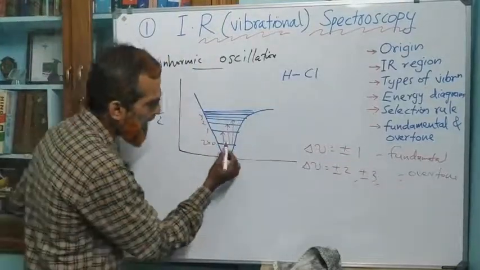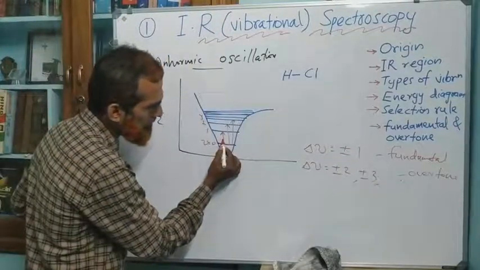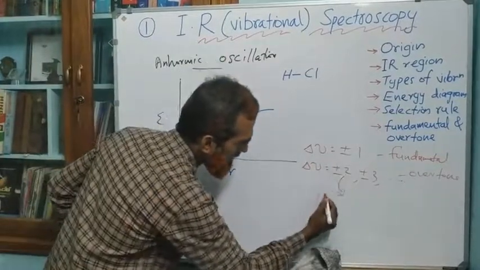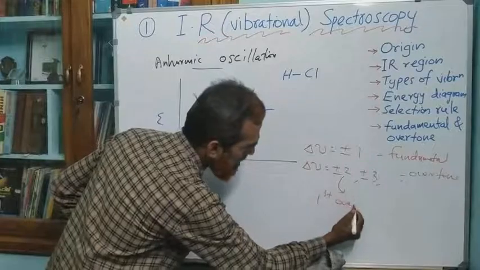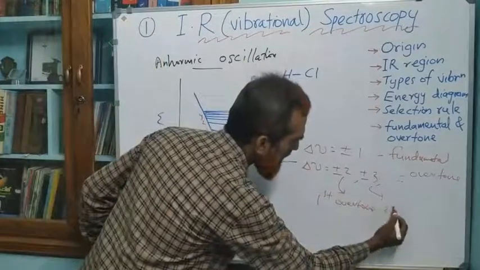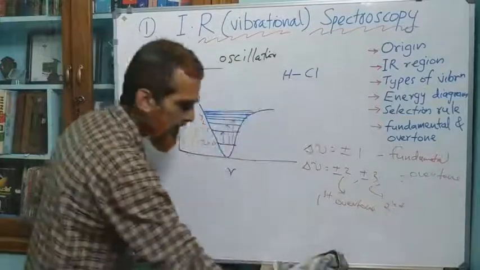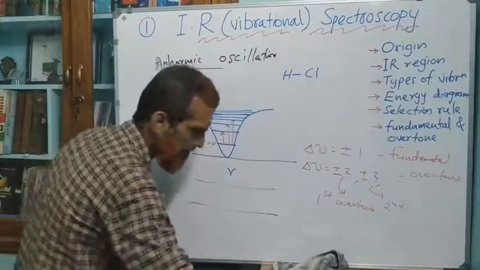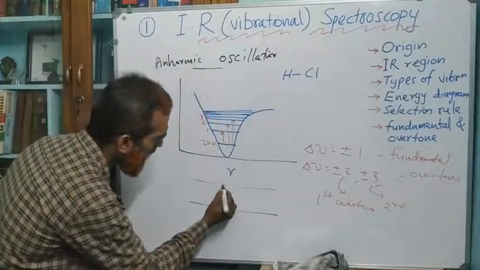And here this is the fundamental, right? This is called the first overtone. In overtone we again classify: first overtone, this is called second overtone, etc. If we take the IR spectrum, you will be getting more peaks.